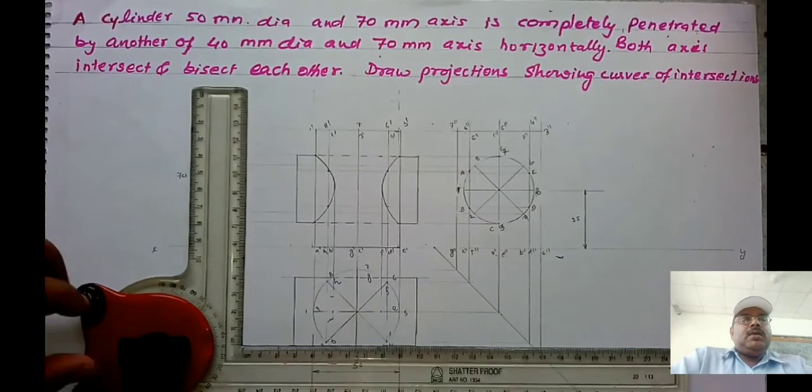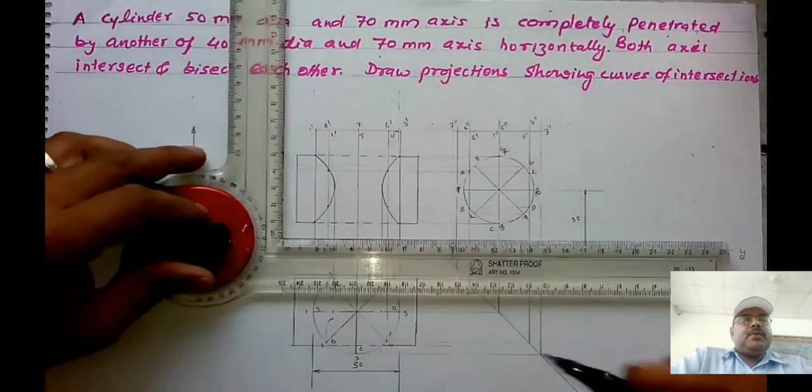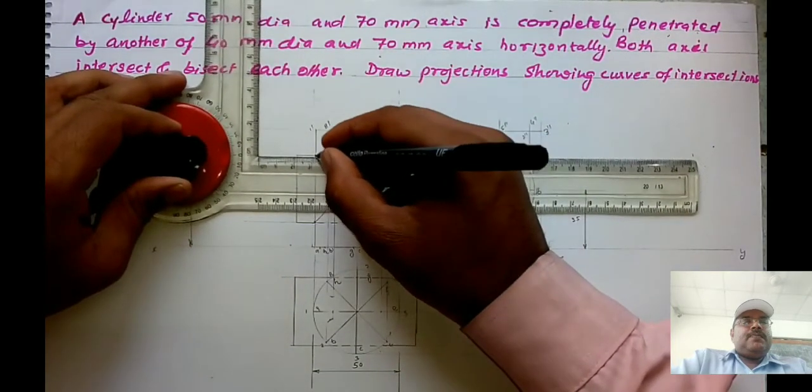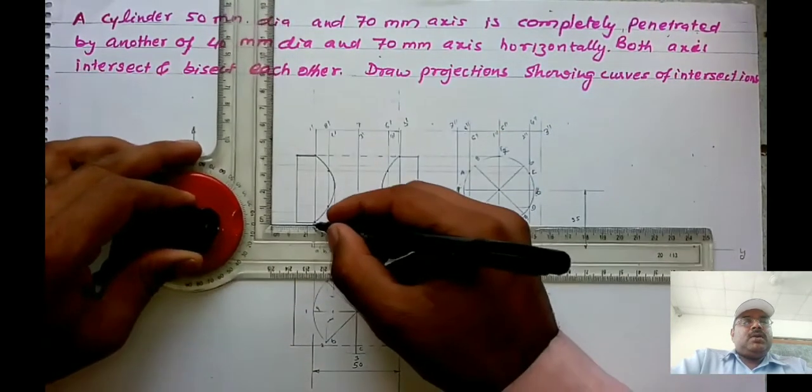And then we have to join these points with the help of a French curve, as drawn in the front view.